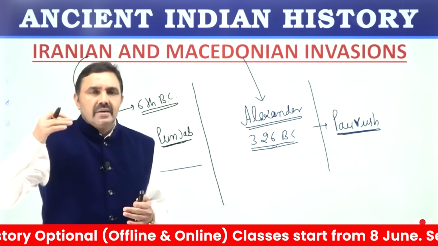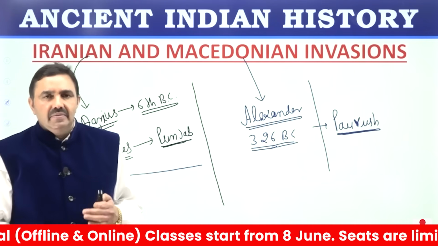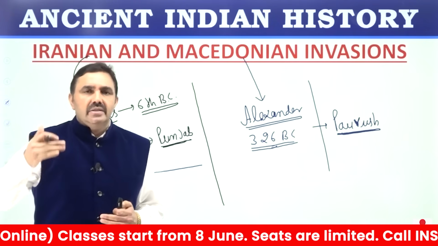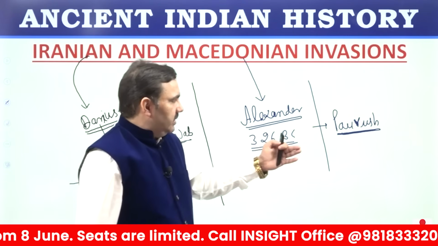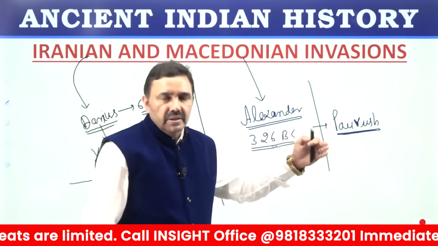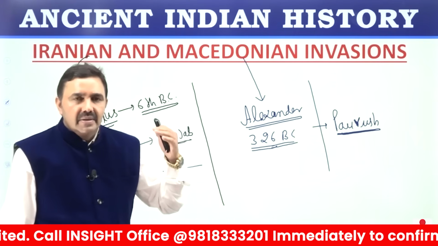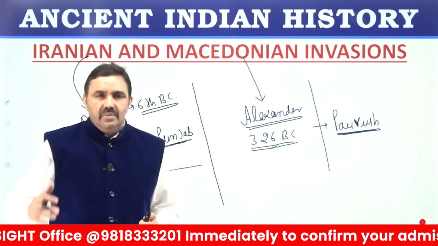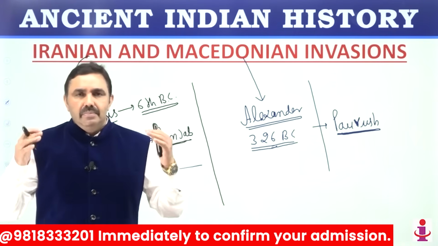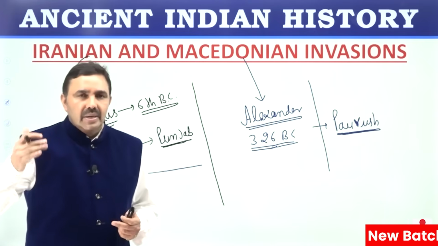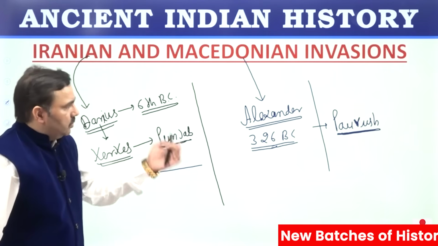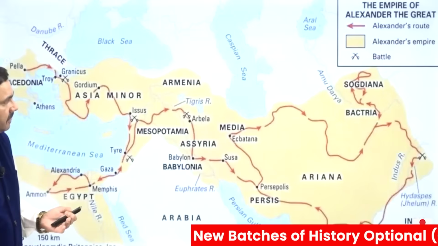Porus replied very courageously, very confidently, that you should treat me the way one king treats another. Alexander was impressed. Porus was released. So this is a very famous story, that even in serious crisis, even after losing the war, Porus did not feel terrified. He talked to Alexander very confidently. That is his character.